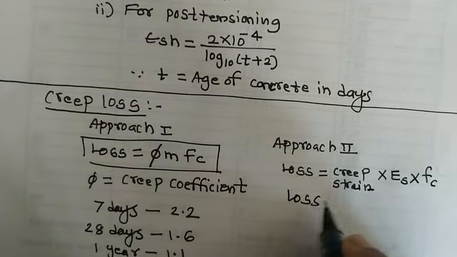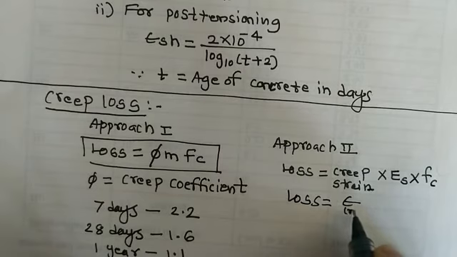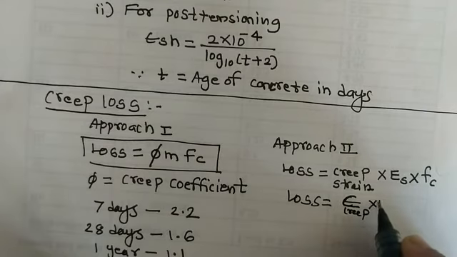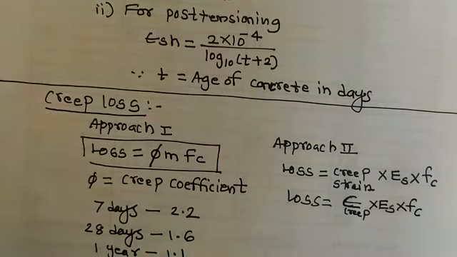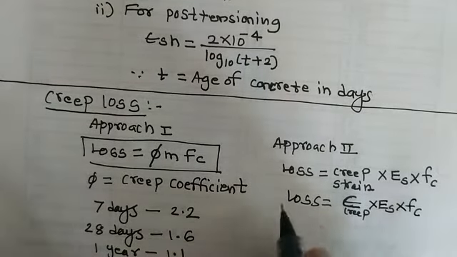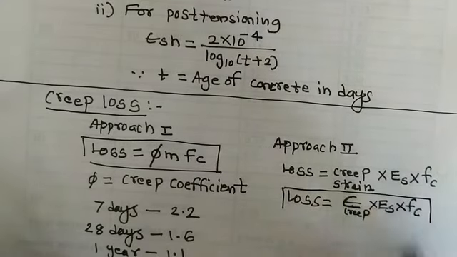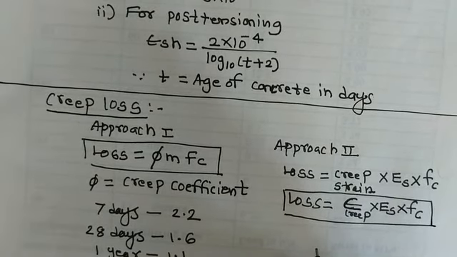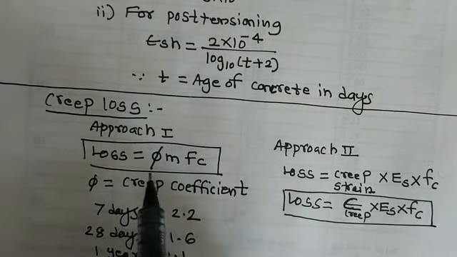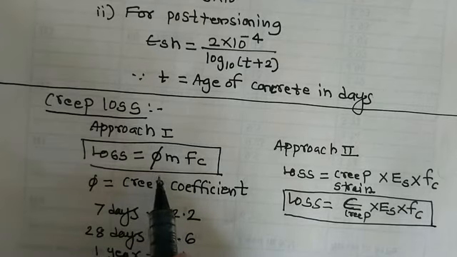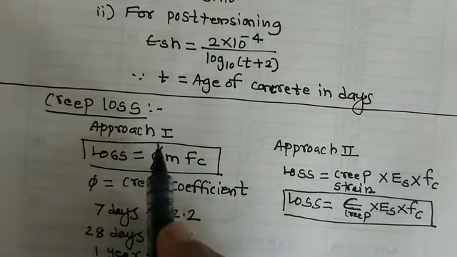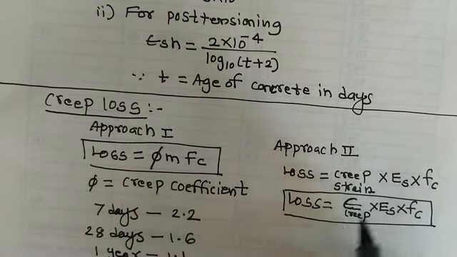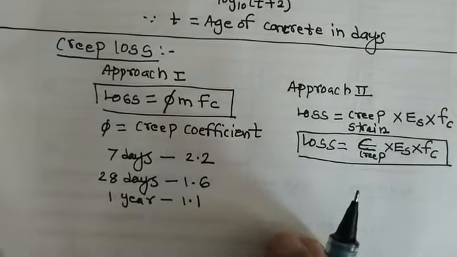Symbolic form is loss is equal to epsilon creep multiplied by Es multiplied by Fc. Using this formula, we can find out the creep loss when creep strain is given. When creep coefficient is given, you have to use the earlier formula. When creep strain is given, you have to use this formula for calculation of creep loss.